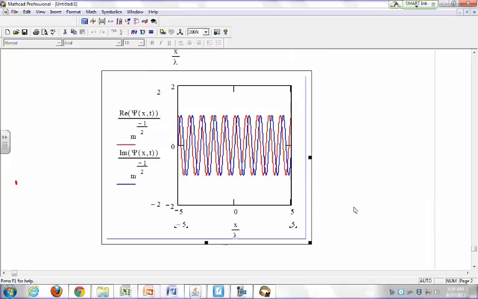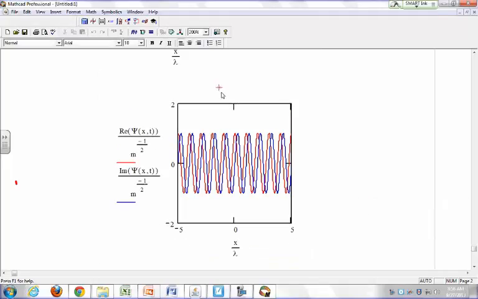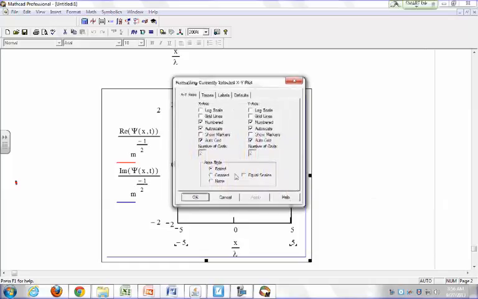So let's animate this. Let's see what happens to this over time. Let me show a grid on this one. Grid lines. And I'm going to do 2 cycles.